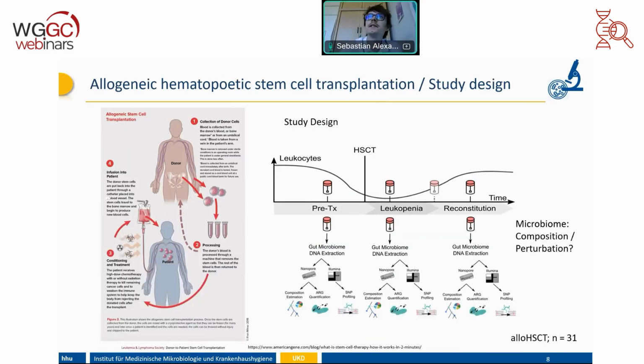And we started several years ago a pilot study with this technology, where we wanted to analyze the gut microbiome composition of patients with hematological diseases, mainly different types of leukemia. And these patients receive an allogeneic hematopoietic stem cell transplantation as a treatment, which is done from a healthy donor.